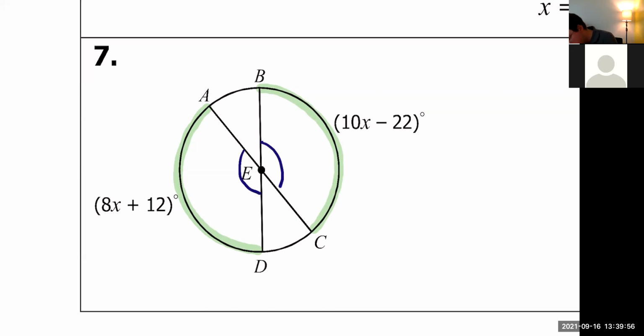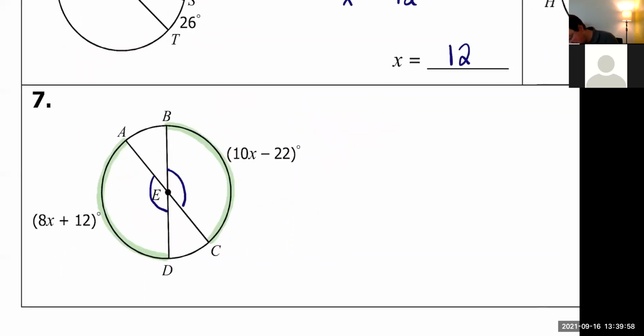So set them equal to each other, absolutely. So 10x minus 22 is going to equal 8x plus 12.